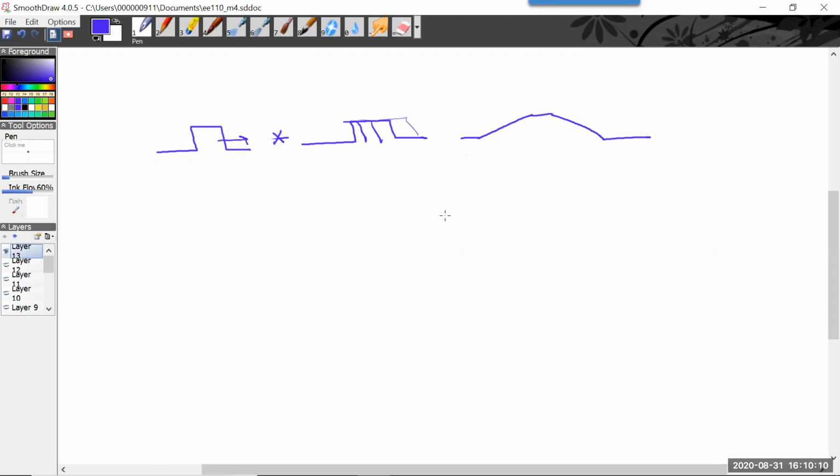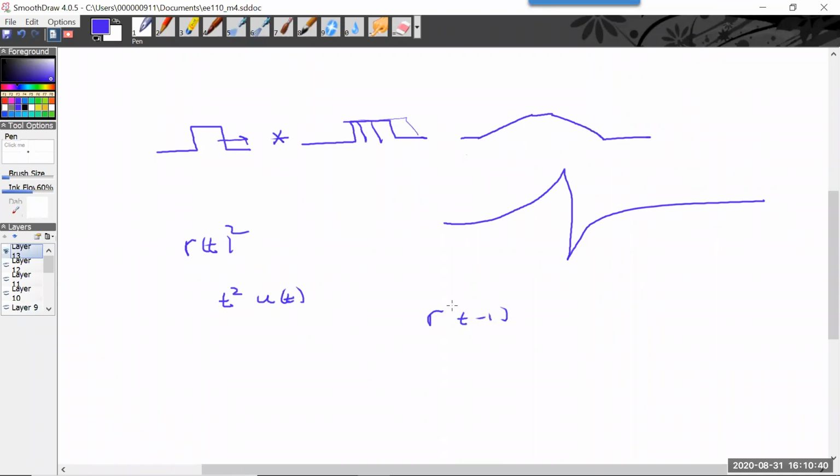But what sometimes happens is that people will say the slope describes the area. This really happens when you're doing ramp functions. If I have, let's say, r of t squared, that's really t squared u of t, but if it's delayed, that's really (t minus 1) squared u of t minus 1.